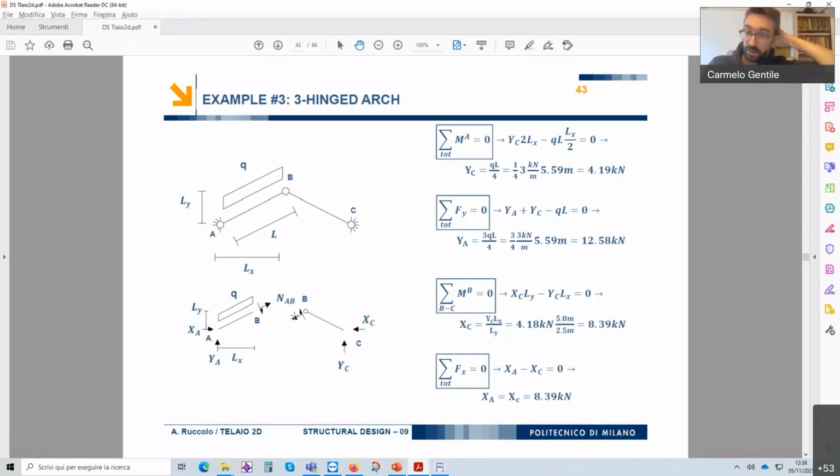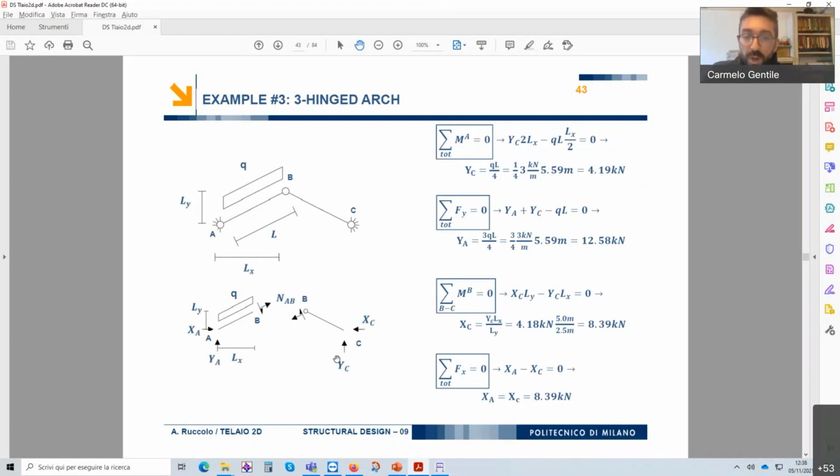They have their own angles, obviously, because the axial force of the beam AB is longitudinal to beam AB, and the shear force is tangential to it. So we should work with sine and cosine functions, but if we compute the bending moment with respect to node B, both the shear force and the axial force of AB in node B have 0 lever arm. So they do not appear in our computation.